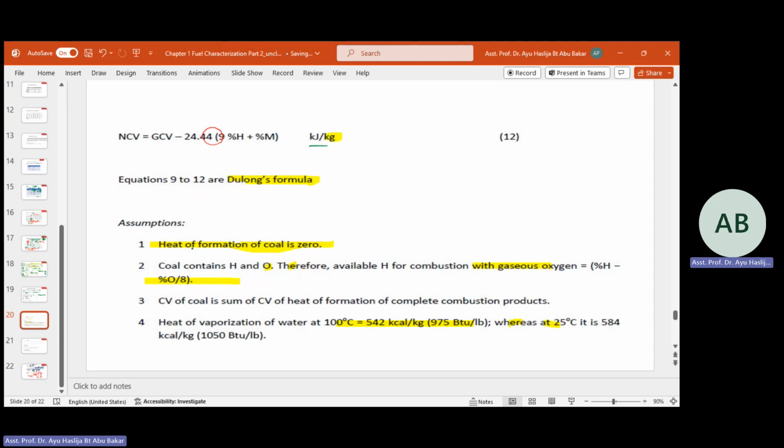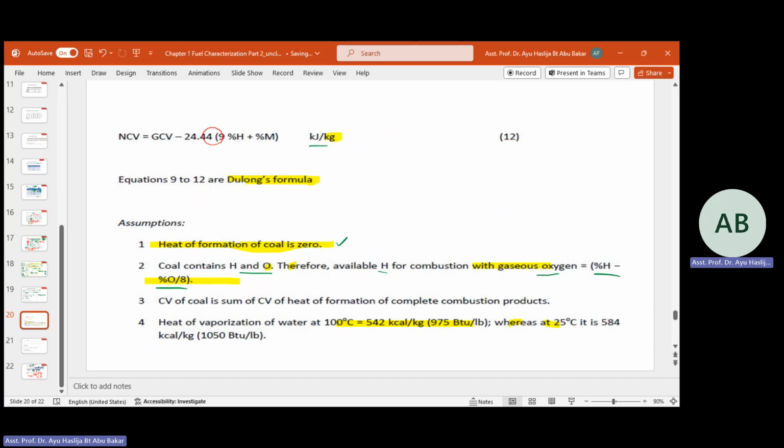All these equations apply with the assumption that the heat of formation of coal is 0. We assume HF for coal is 0. The coal contains H and O, therefore the available H for combustion with oxygen becomes this. This is the standard one.